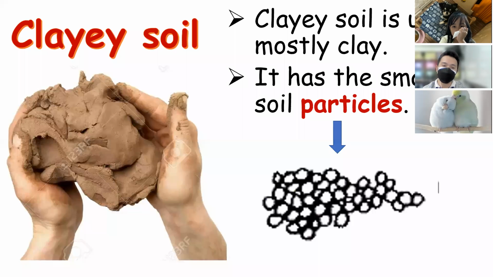This one has the finest particles. Now this is good for making pots and bricks, for the particles will hold each other because it has very fine, the smallest particles among the three soils.